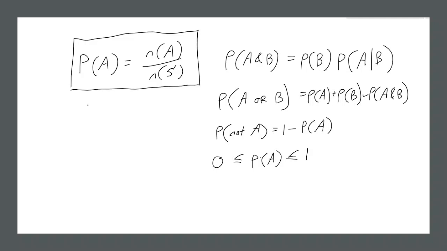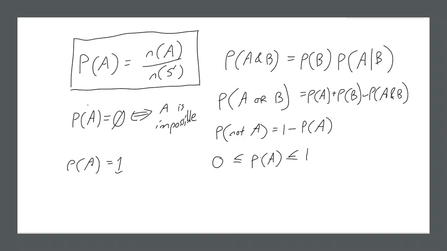And we also get that the probability of A being 0 is like saying A is impossible, and the probability of A being 1 is the same as saying A is always the case.